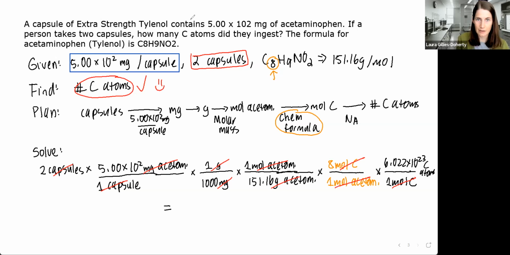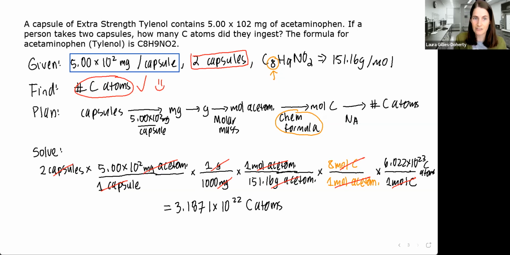So I got for my number of carbon atoms in 2 capsules of Tylenol, 3.187 times 10 to the 22nd carbon atoms. We expect a really big number, right? Carbon atoms are really small. We have 2 capsules, containing a decent amount, 500 milligrams of acetaminophen per capsule. So we expect a lot of carbon atoms. So that's a good indication that we set this up correctly.